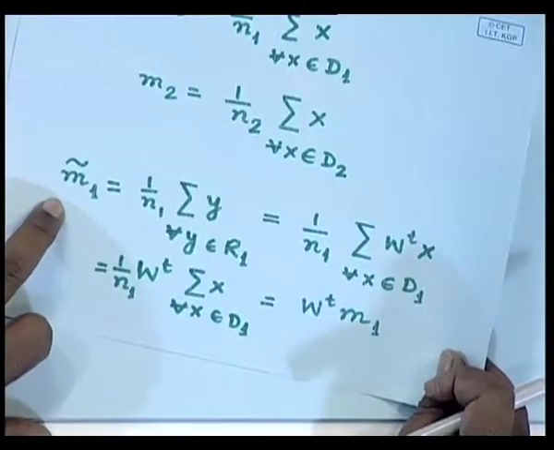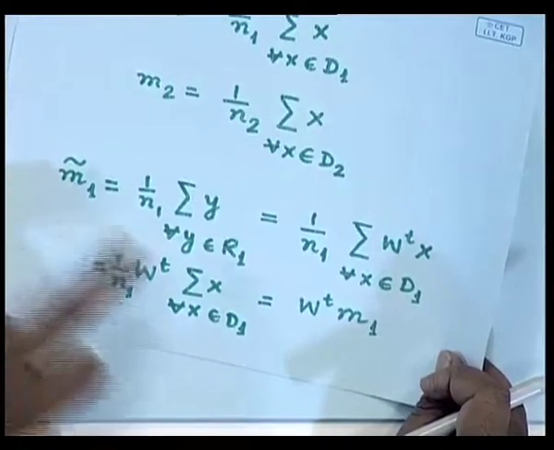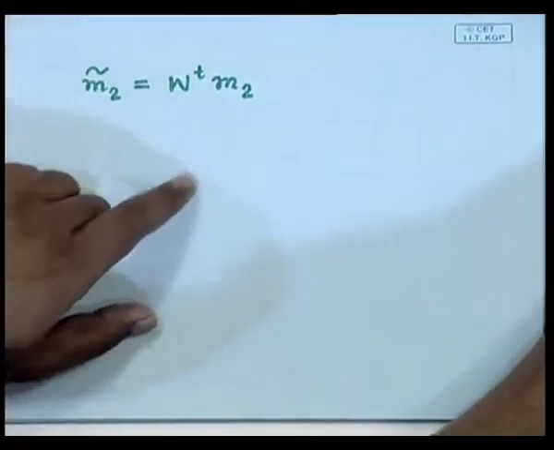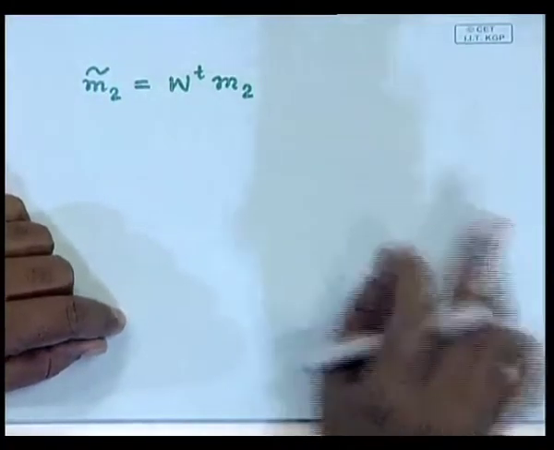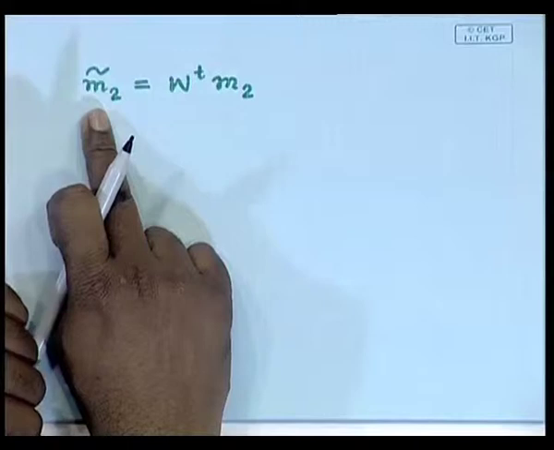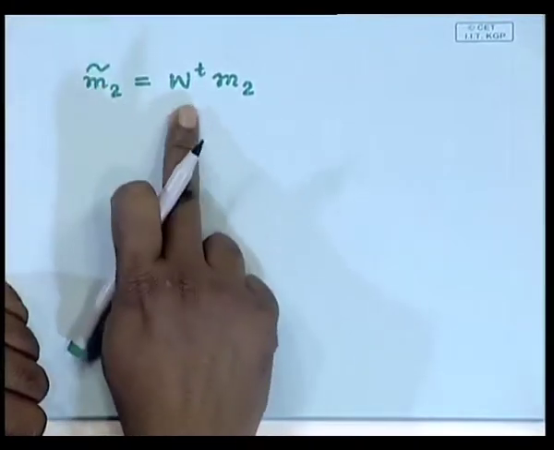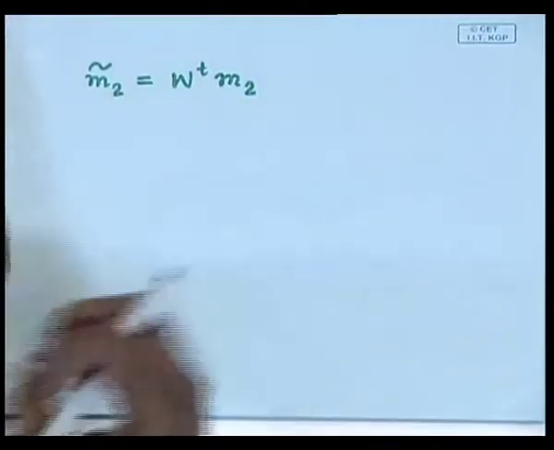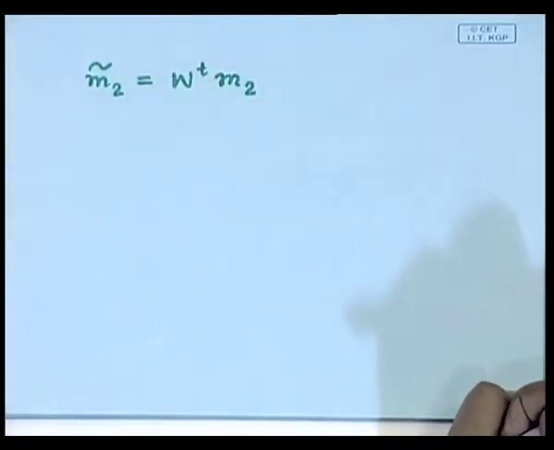So, M 1 tilde, the projection of M 1 onto the direction of W, is W transpose M 1. The projection of M 2 onto the direction of W, M 2 tilde, is W transpose M 2. Now, what is the distance between these two projected means?